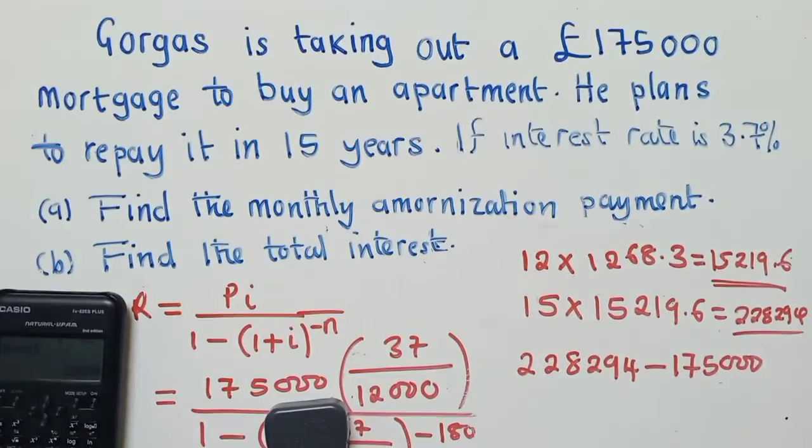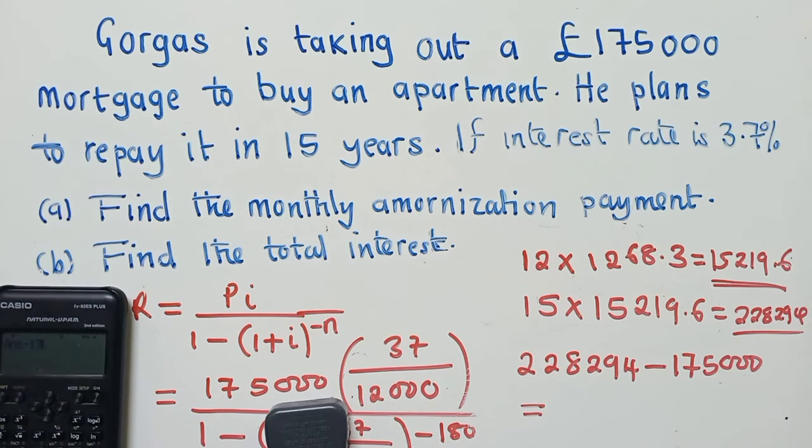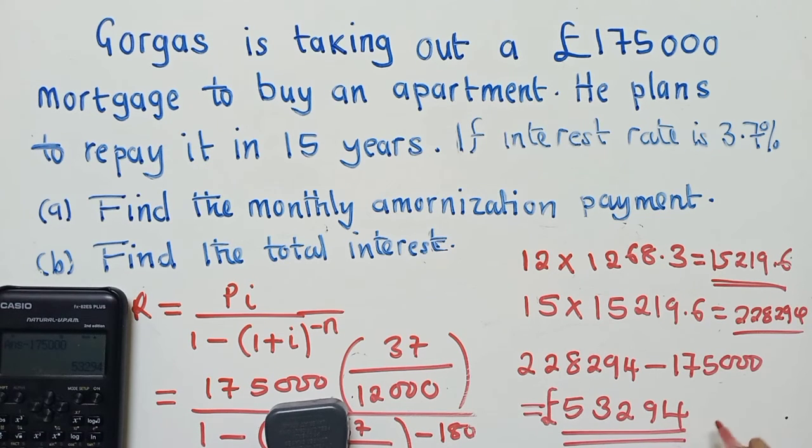Remember in the question, the principal is right here. So when you subtract, what are we getting? We are getting 53,294 pounds. Remember, these are pounds, meaning the total interest is right here.